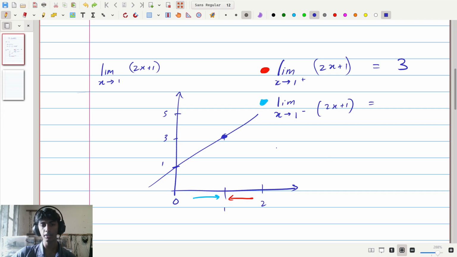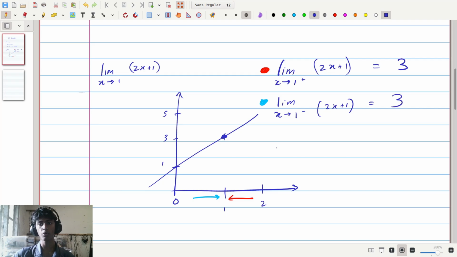So here, if I represent closer and closer values to 1 like this, our output will be getting closer and closer to 3. In fact, as x approaches 1 from the negative side, we do get the value 3. So the limit as x approaches 1 from the negative side is also equal to 3.